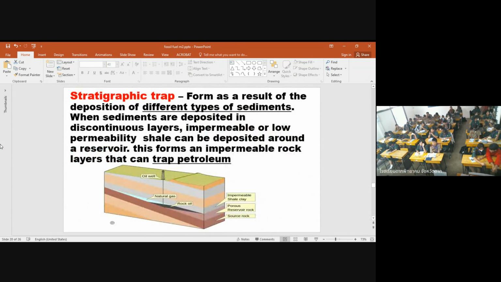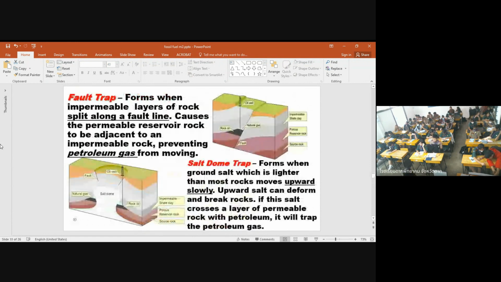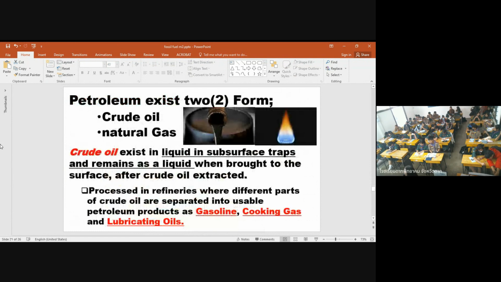This one is an example of your crude oil. From liquid in the subsurface traps, it will remain liquid.